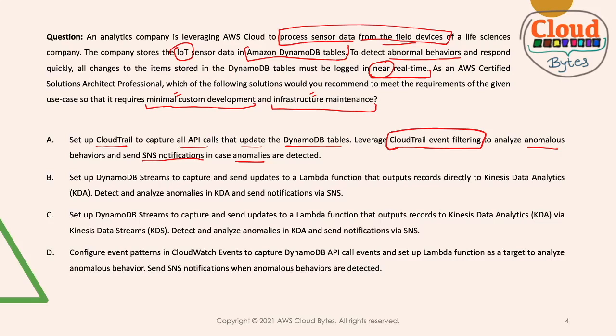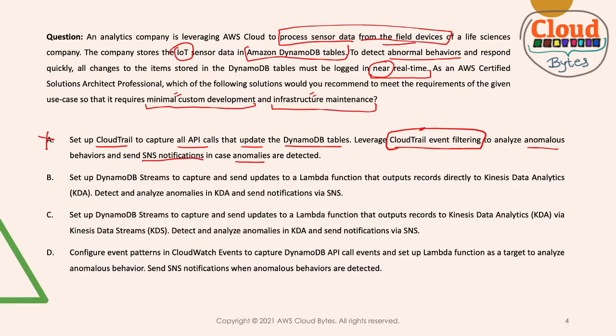And on top of it, you cannot use the CloudTrail event filtering to filter anomalous behavior based on the mechanism that we have, because the filtering is all about, say, read only or based on event source or event time, etc. So this option doesn't look like it is going to be the right option, so I'll just strike it out.